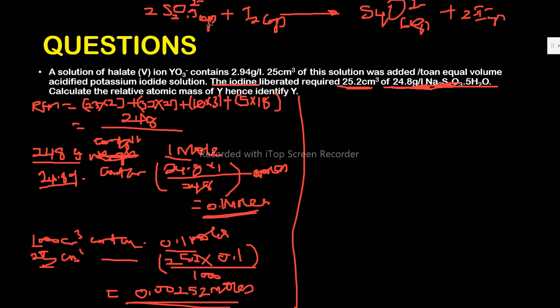So from this equation we can see that 2 moles of thiosulfate react with 1 mole of iodine.